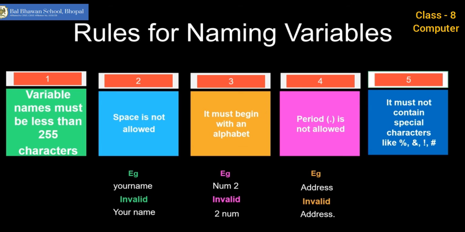None of these should be there. For example, if you write AddressCity without any gap, that will be considered correct. But if you write Address and City where you have put the special character ampersand, this will become invalid. These are the few rules that we have to consider while giving names to our variables.